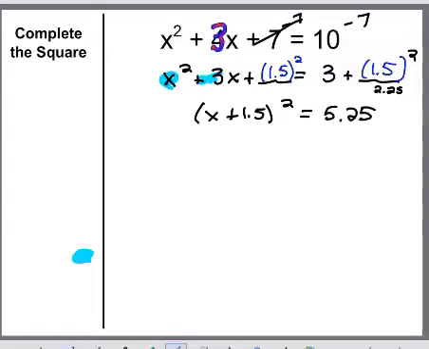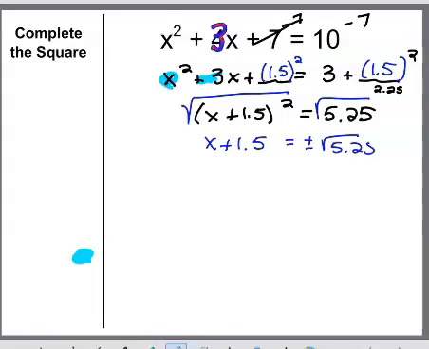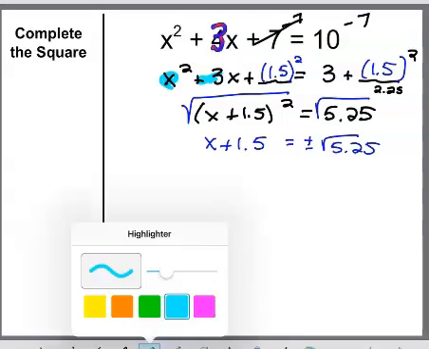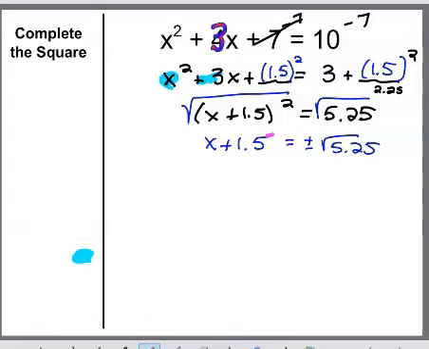Take the square root, both sides. So the square root cancels out the square. And now we're going to solve. So to solve, I'll minus 1.5 from both sides.